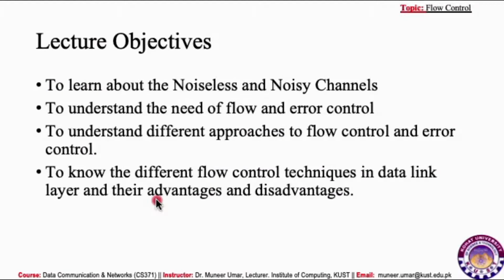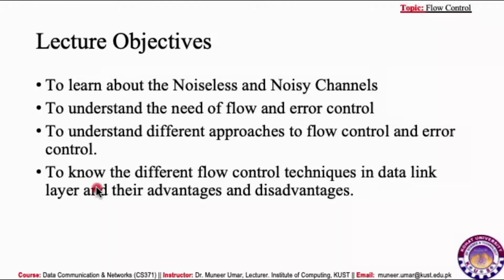These are the main objectives for our lecture. By the end of this lecture and the second part of this topic, the students would be able to understand the difference between the noiseless channel and noisy channel.